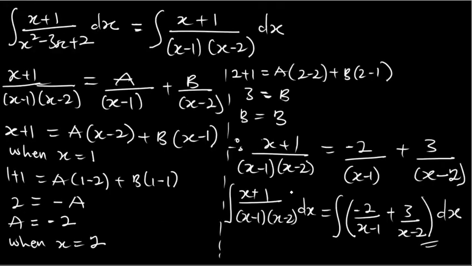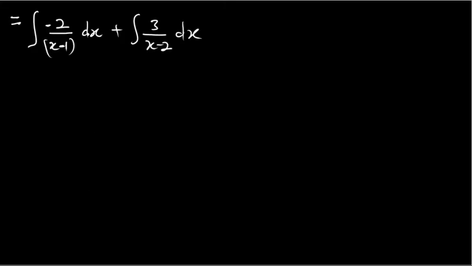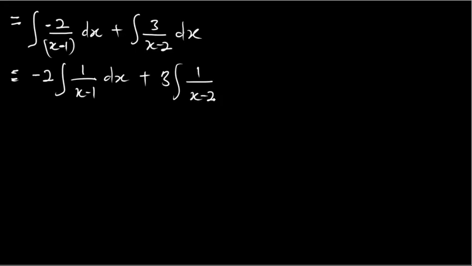Looking at this, you can integrate them separately. So this is what I've done, taking the integral of each side. This negative 2 is a constant, so it can come out, giving the integral of 1 on x minus 1 dx. The 3 can come out, giving the integral of 1 on x minus 2 dx.